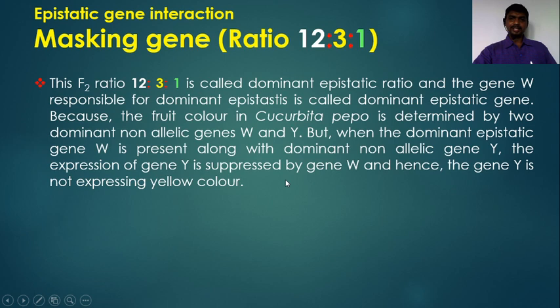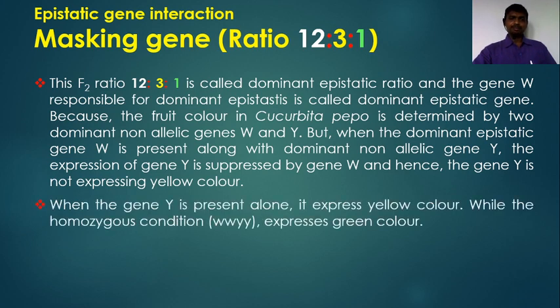So the fruit color in Cucurbita has been determined by two dominant non-allelic genes. These are two different genes that are located at two different positions or locations on the chromosome. The genes are W and Y. When this W, which is a dominant epistatic gene, is present along with the dominant non-allelic gene Y, the expression of the Y gene is suppressed by the dominant W gene, and hence the gene Y is not expressing yellow color.